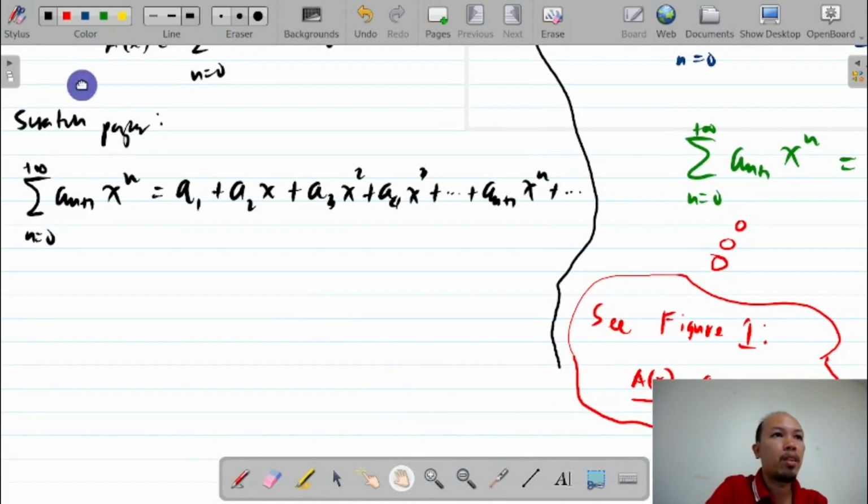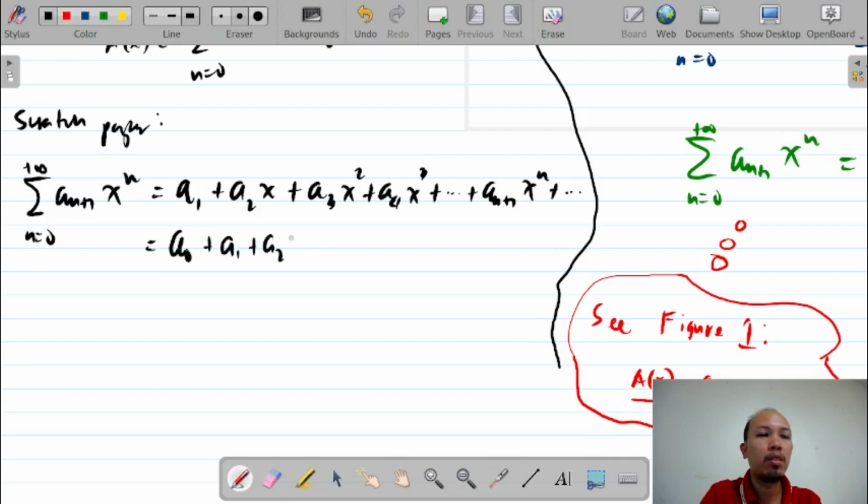Let's put a sub 0 here, plus a sub 1 plus a sub 2 x plus a sub 3 x squared, and so on and so forth.